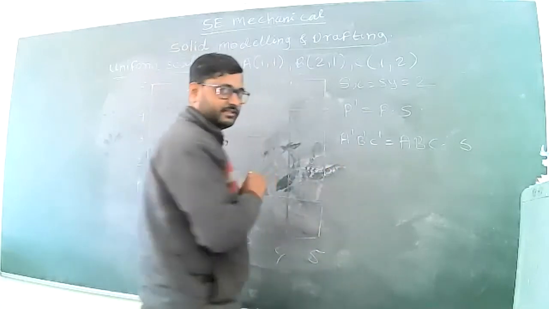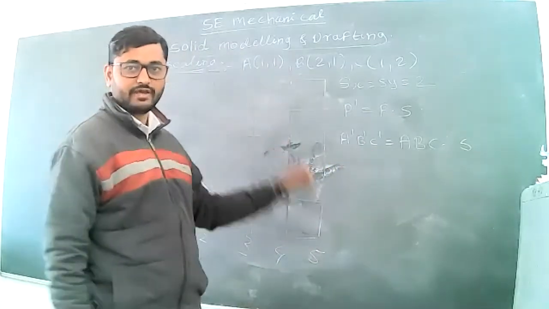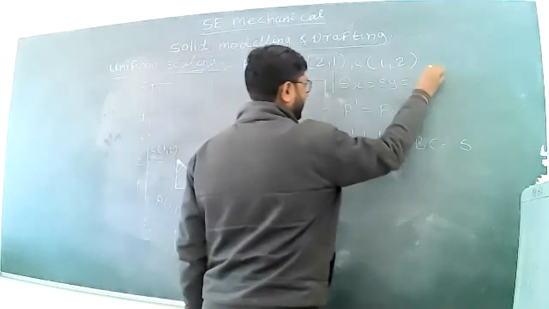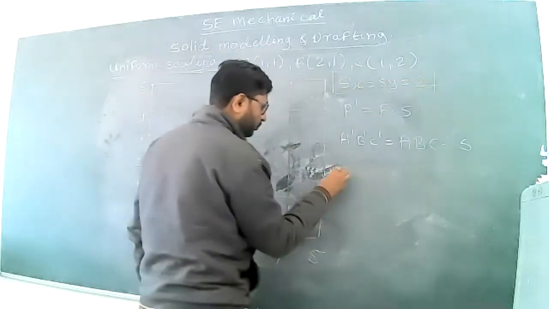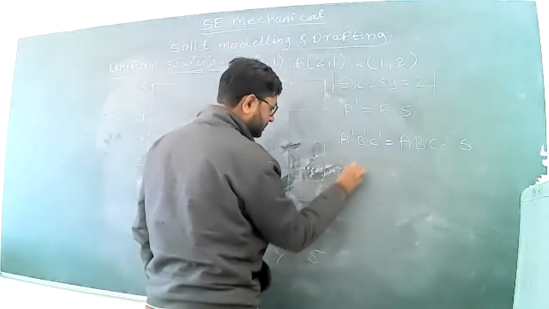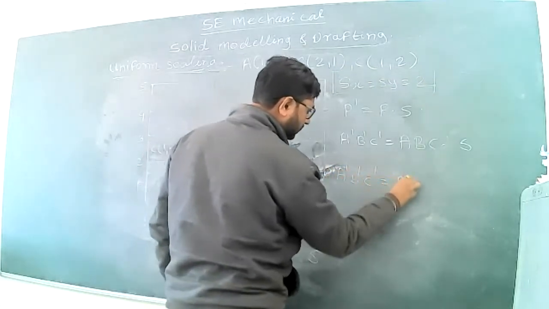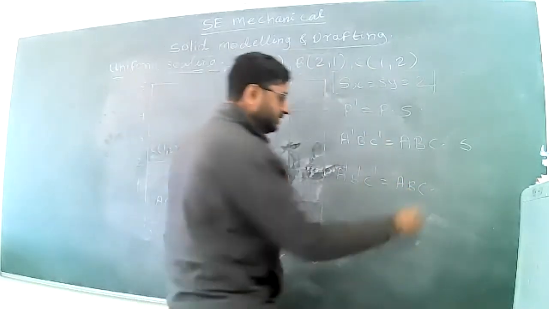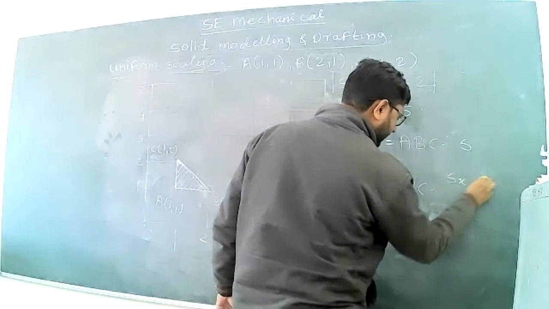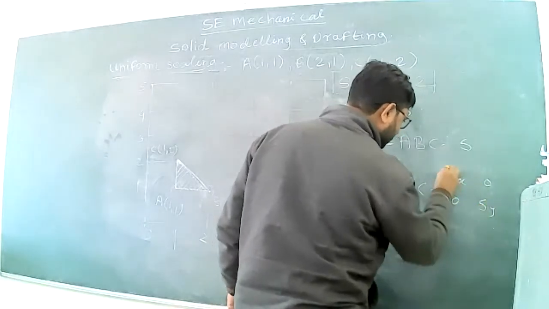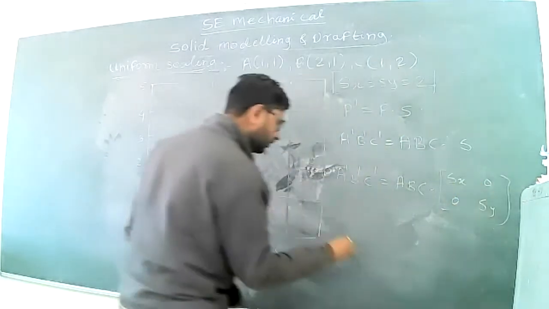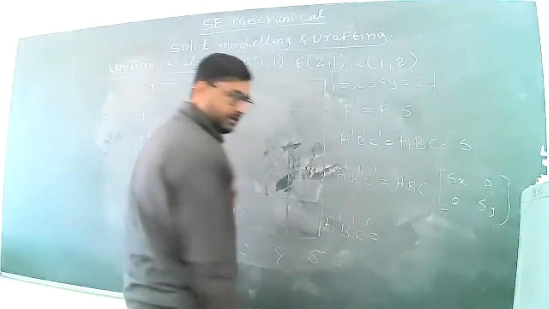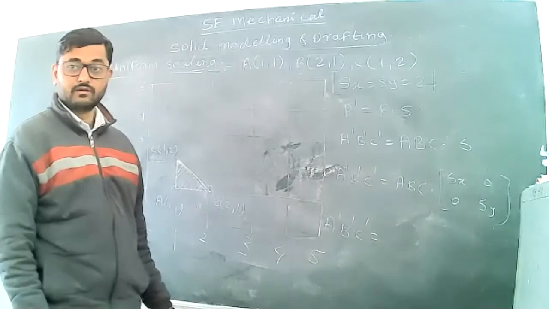So here in this case, the scaling factors along x and y direction are 2. We have to assume this Sx and Sy is 2. We know that A dash, B dash, C dash is equal to A, B, C into S. What is S? S is nothing but the scaling factor, the matrix Sx 0, 0 Sy.